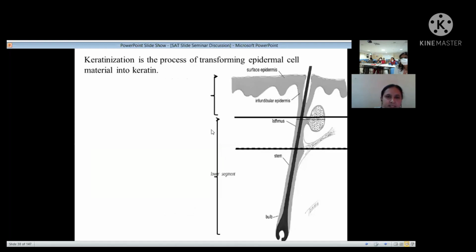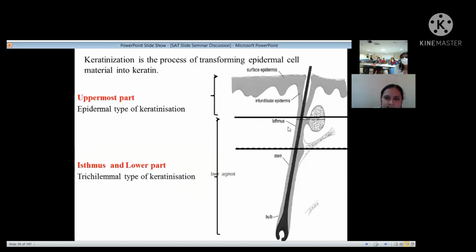So let us know the two forms of keratinization from the upper segment and the middle segment. The tumors arising from the infundibulum show the epidermal type of keratinization, whereas the tumors arising from the outer root sheath of the isthmus and the lower part show the tricholemmal type of keratinization.